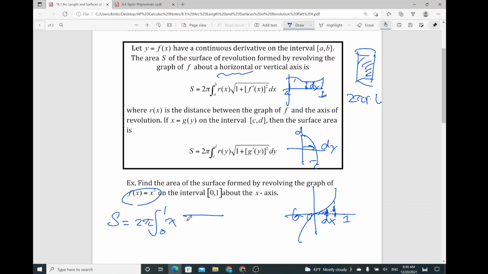And for h of x, that's just the arc length, which is the square root of 1 plus f prime of x squared. f prime of x is 3x squared. In the previous video, we talked about how to find the arc length. So 3x squared, quantity squared, and then also multiply by the differential dx.